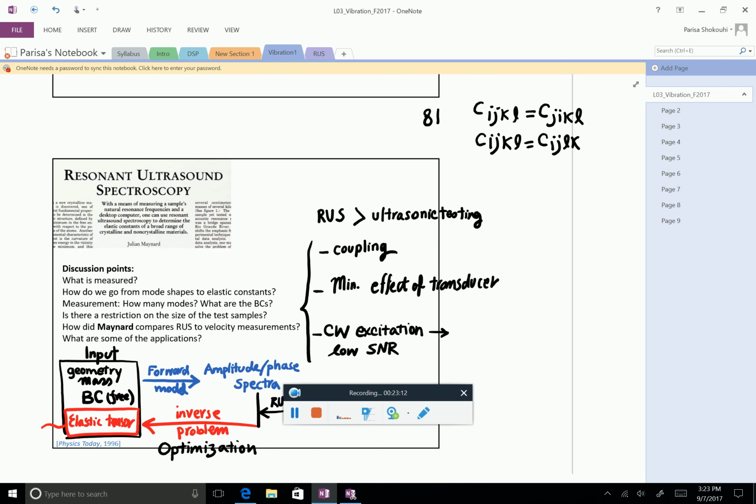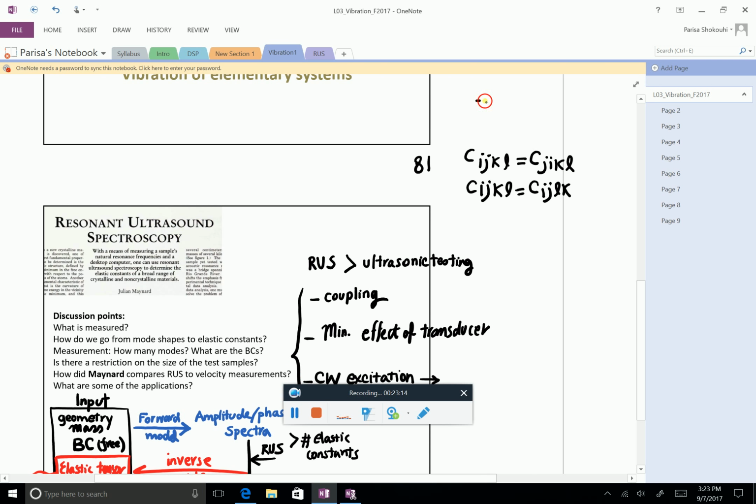Then you go to 36, and then you have the ones. Basically, let me show you. You have the ones on the diagonal, and if your material is completely anisotropic, then half of the tensor. So if you consider a 6 by 6, if you count the number of elements here, that's 21.